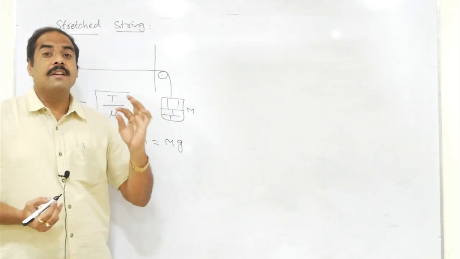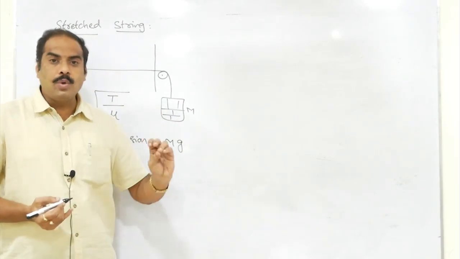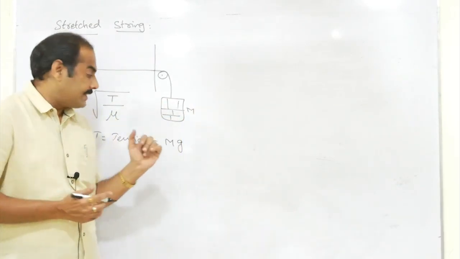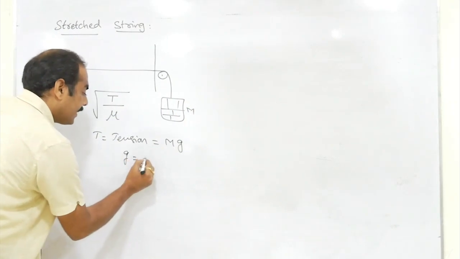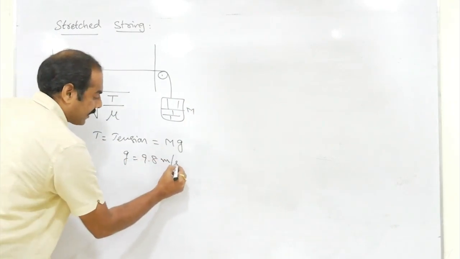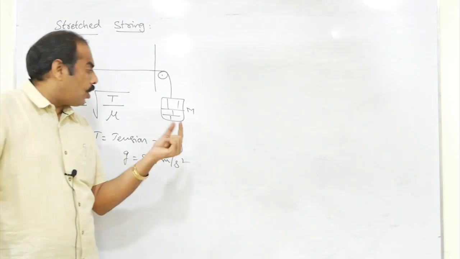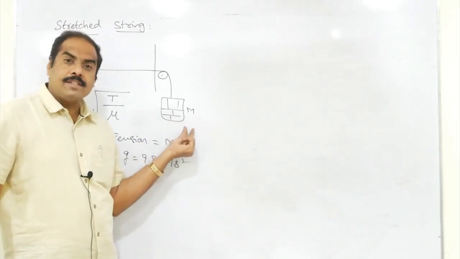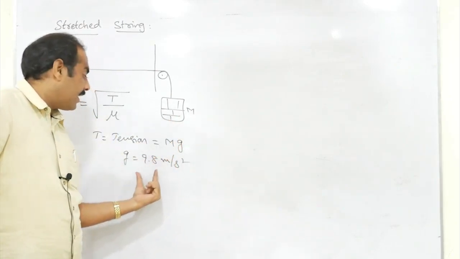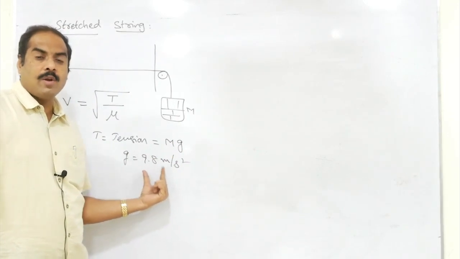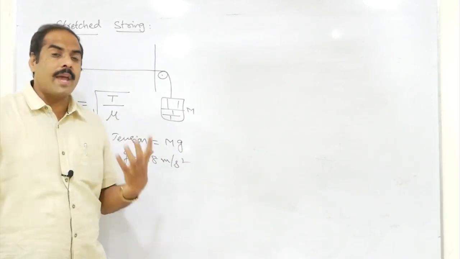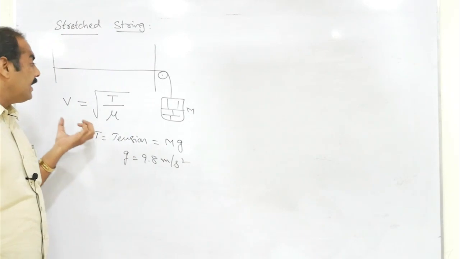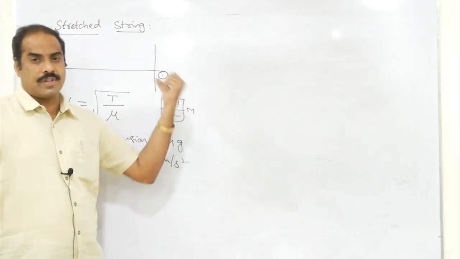What is this G? Acceleration due to gravity, that is equal to 9.8 meter per second square. So if you know the mass attached to the string and the value of G, we can calculate the tension attached to the string.